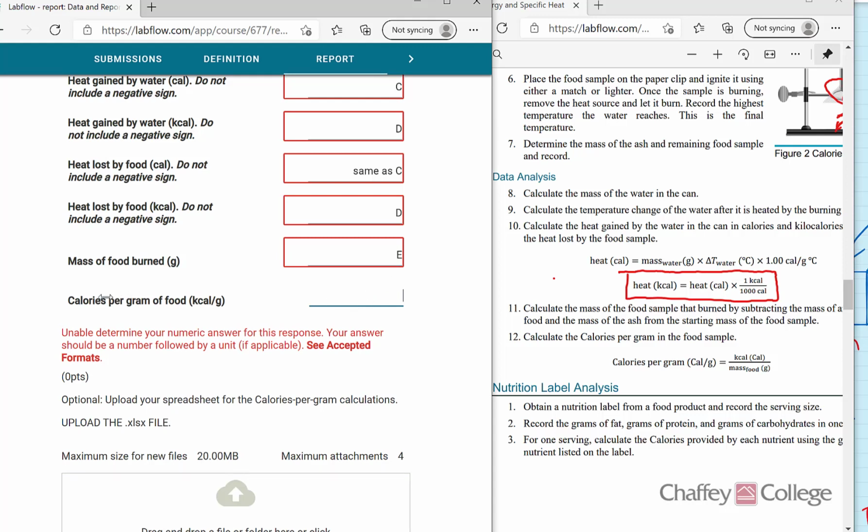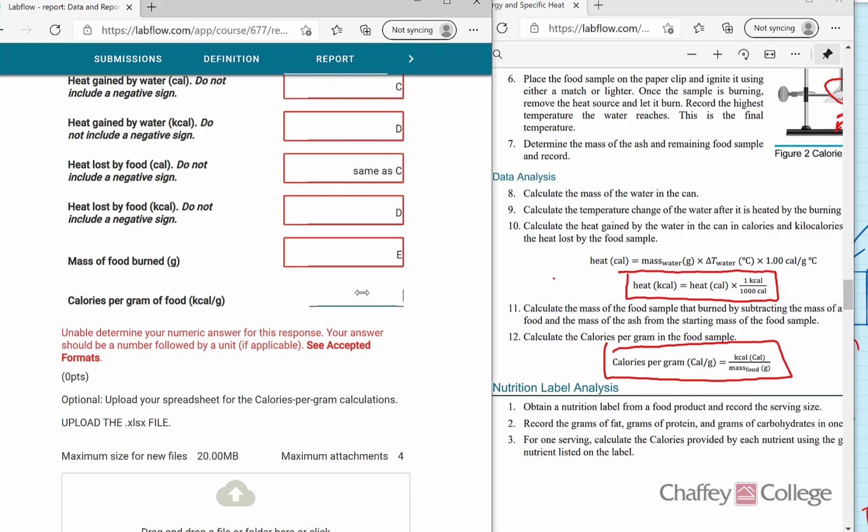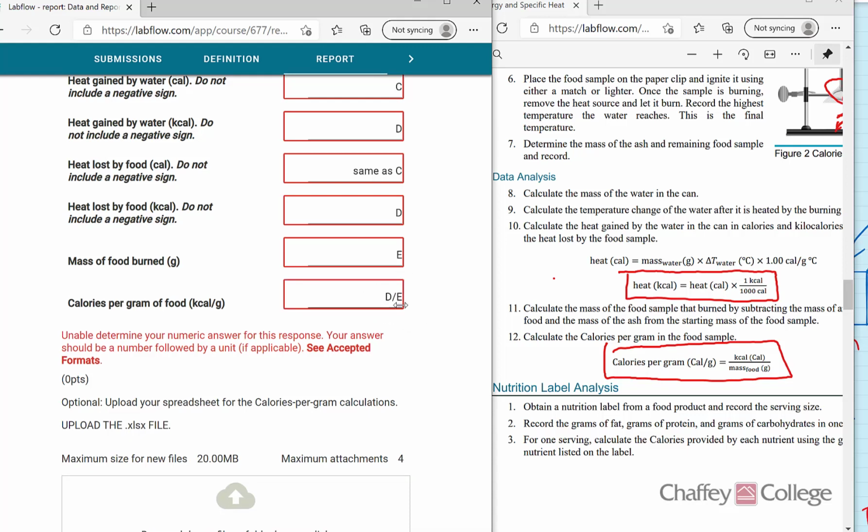And finally, we need to calculate the calories per gram of food, and the formula is given here: kilocalories divided by mass of food. In this case, we measured our kilocalories to be D and mass of food is E. So we need to divide D by the value E. Whatever number you get, that should be here.